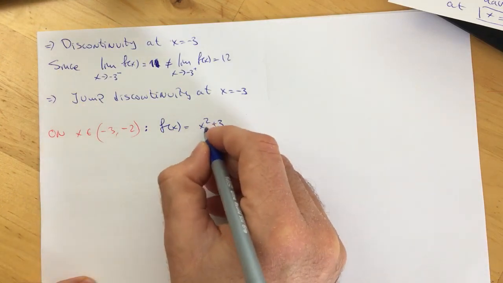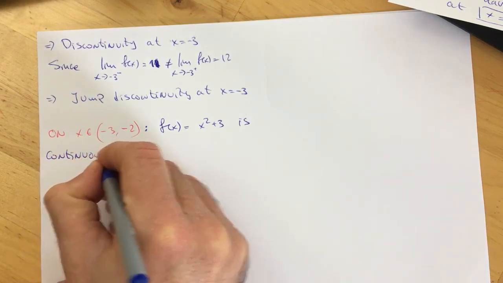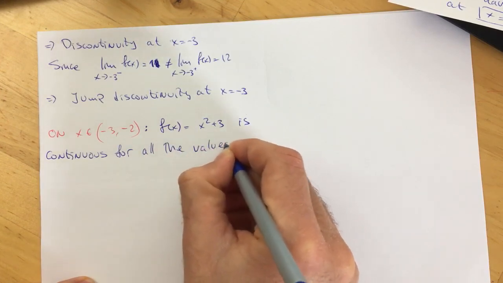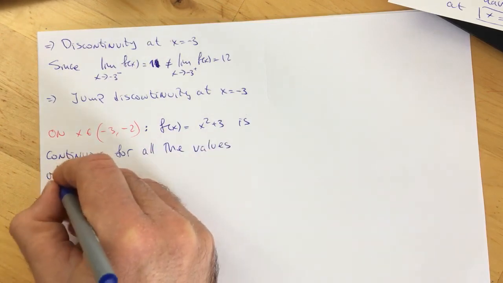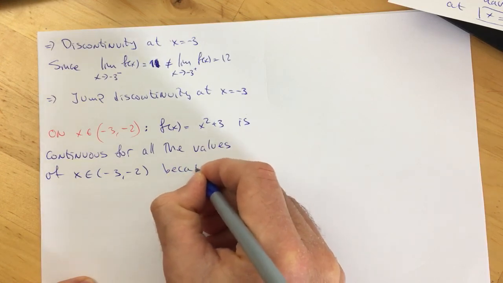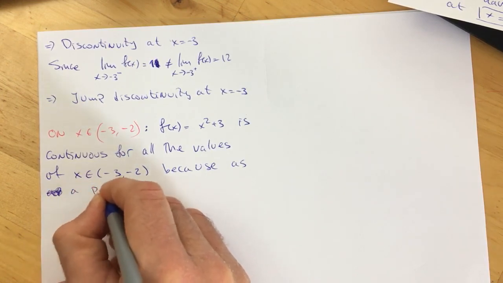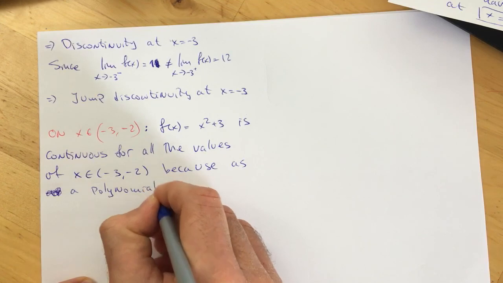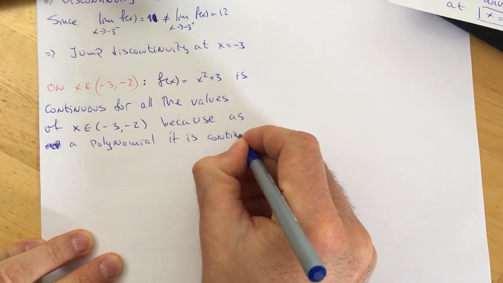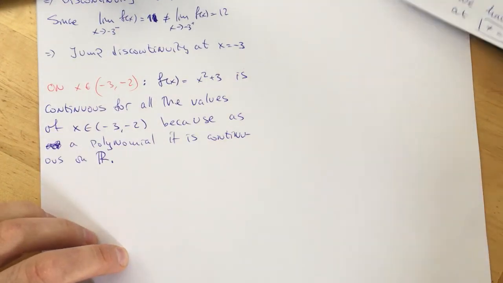F of x is equal to x squared plus 3 is continuous for all the values of x in the interval from negative 3 to negative 2, because as a polynomial it is continuous on R. Okay, so that was very easy.